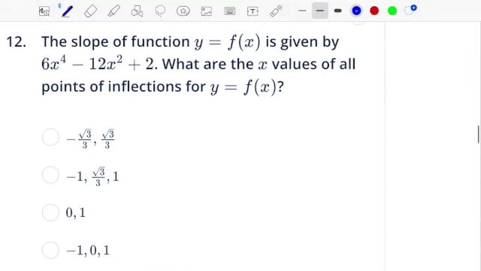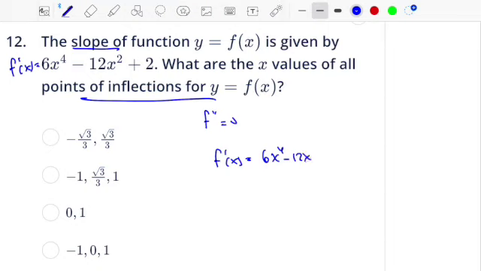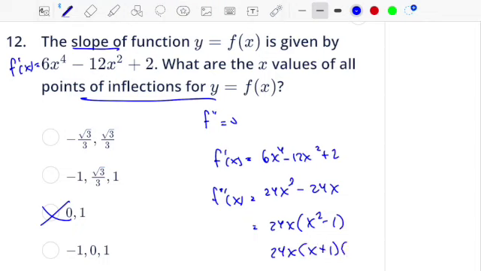The slope of function y is given by that. So this is f prime of x, because the slope is that. Inflection points, that's when f prime prime is equal to 0 and changes direction. So f prime of x, we've got 6x to the fourth minus 12x squared plus 2, then f prime prime is going to be 24x cubed minus 24x, that's going to factor nicely, so that's going to give us 24x(x squared minus 1), and, well, we've got 24x(x plus 1)(x minus 1).